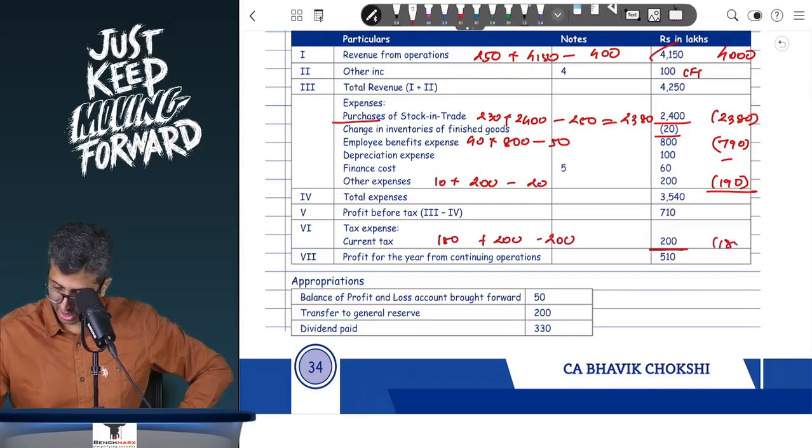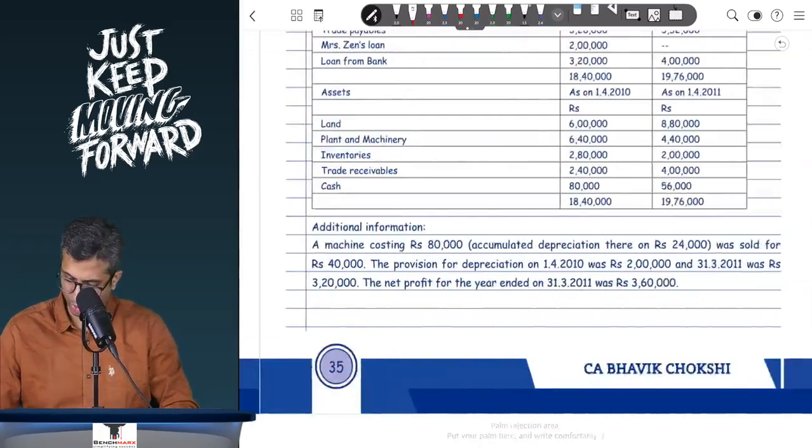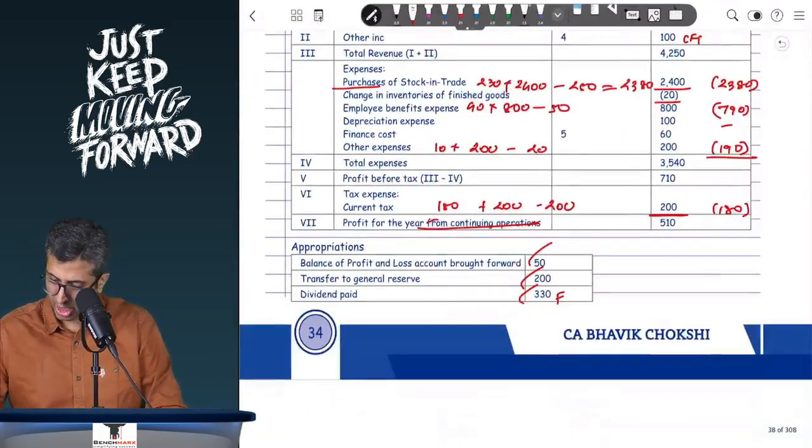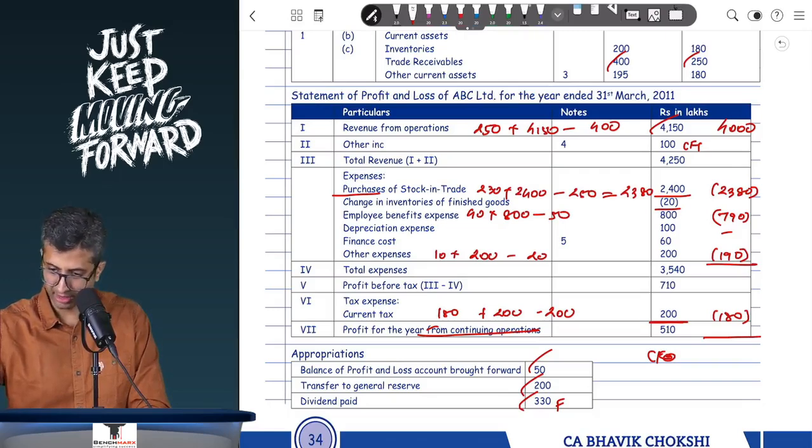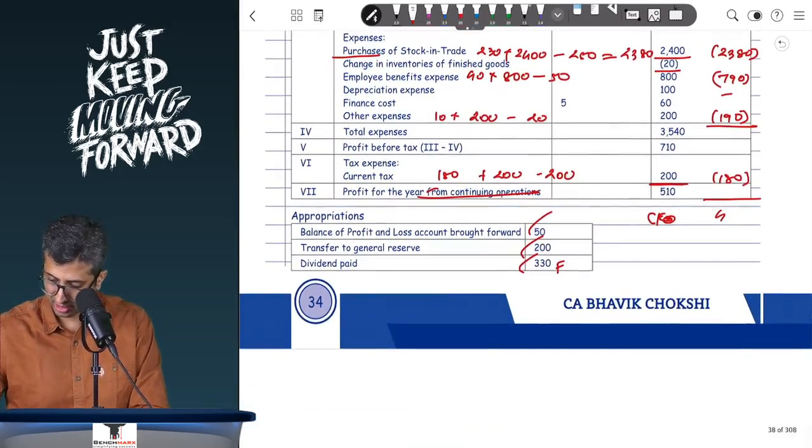So ये आपको 180 ला के रुकेगा. And this is profit from continuing operations. Balance of profit and loss transferred to general reserve. Dividend paid. Dividend paid is financing in nature. We'll not touch that. And that is about it. So if you go to see using the direct method, you will have 4000 minus 2380 minus 790 minus 190 minus 180. शायद से 460 आ रहा.